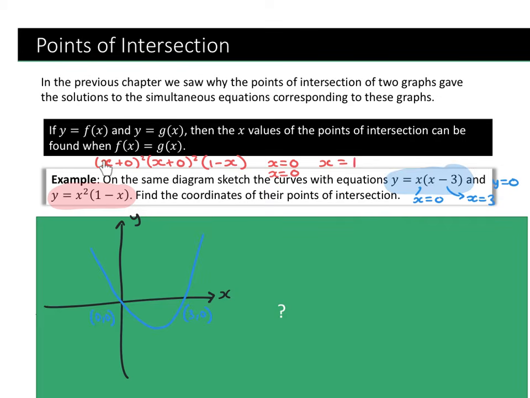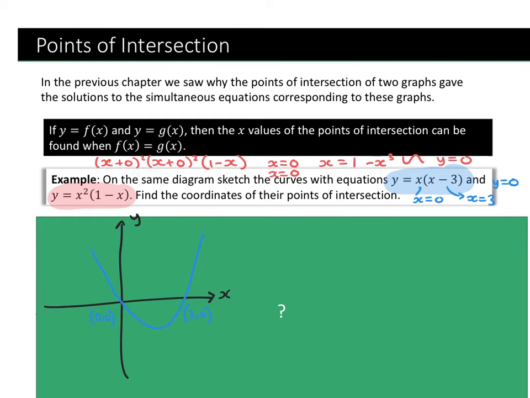If I have a look, I've got x times negative x, so I have a negative x cubed, which is going to be starting in the top left, this shape. And 0 times 1 means my y-intercept is in fact 0. Okay, so we should be fairly confident now at sketching cubics.